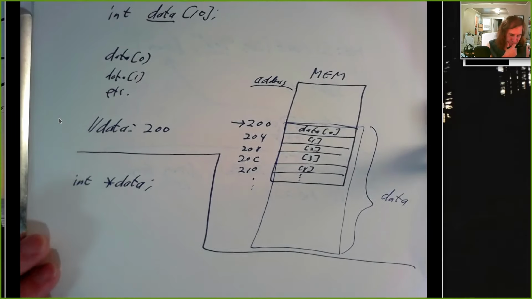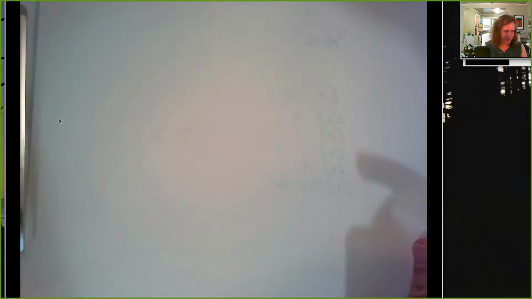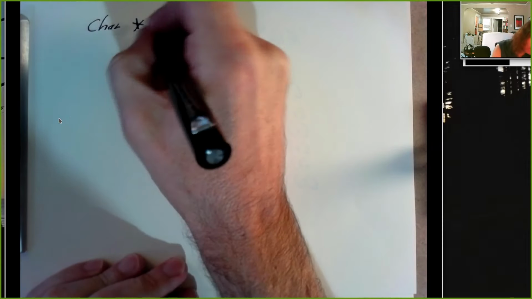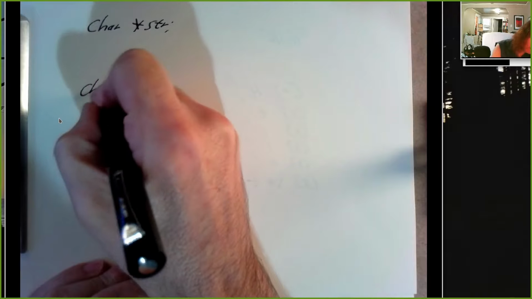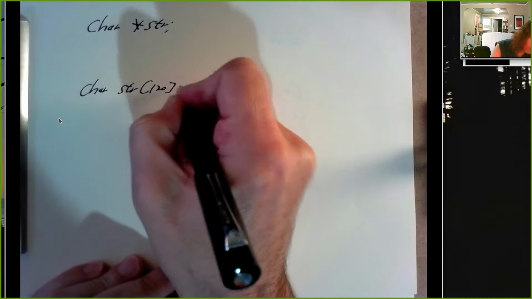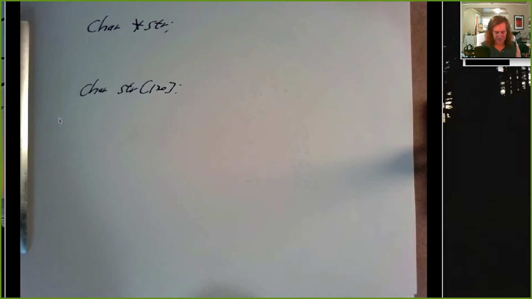All right, so back to character arrays now. We have two things that we see when we look at code. We'll see char star str and char str bracket some number.